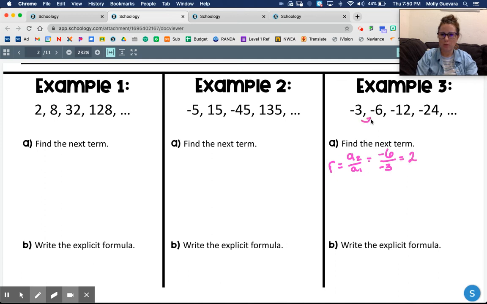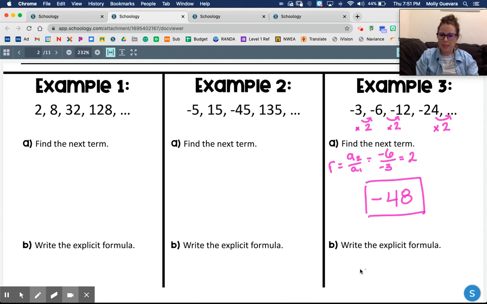So I am multiplying by 2 every single time. Again, you don't have to use this formula. If you can just look at it and say, oh, I'm multiplying by 2, fine by me, okay? So then I need to multiply by 2 to get to my next term, which gives me -48 as my next term.